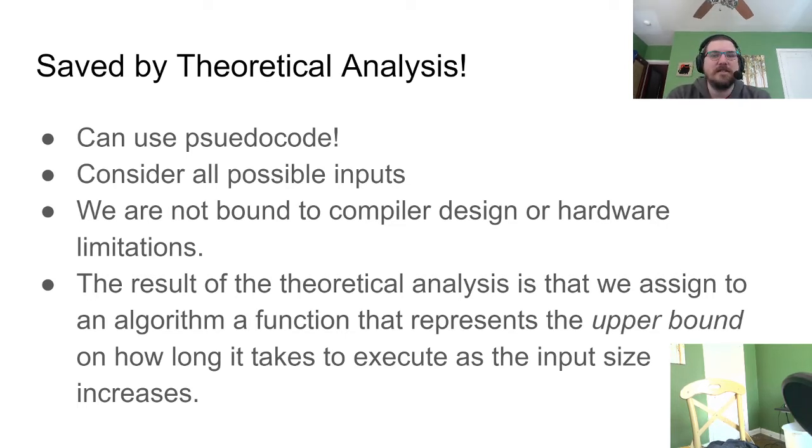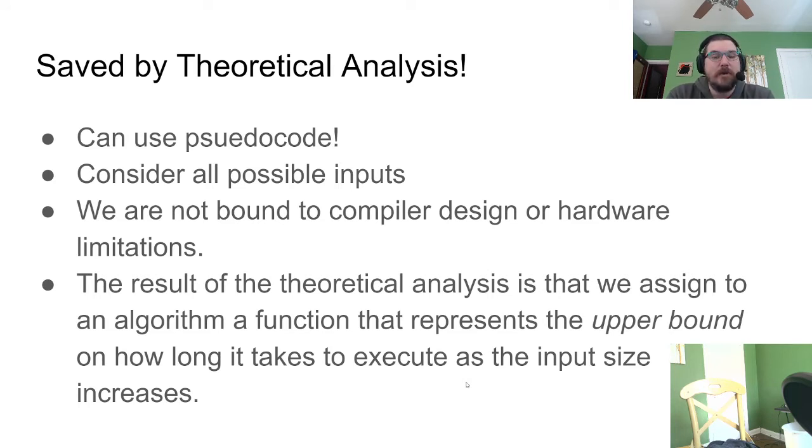Fortunately, theoretical analysis is coming to our rescue, which you might not feel that way in about 10 slides, but it's actually here to help. We could just use pseudocode. All it requires is that we, as mathematically brained humans, understand what the code is doing in our heads. We don't have to actually make a compiler understand it enough to make functioning code out of it.